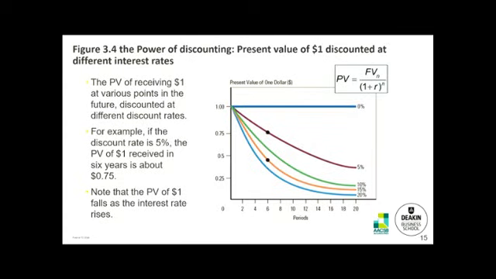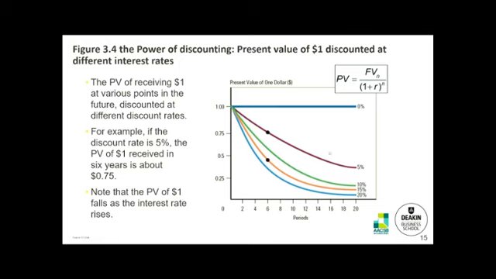The power of discounting. Let's look at $1. Now this is a reverse example, like what we did about future value. So let's assume we have $1 20 years later. What is the present value of this $1 with different interest rates?